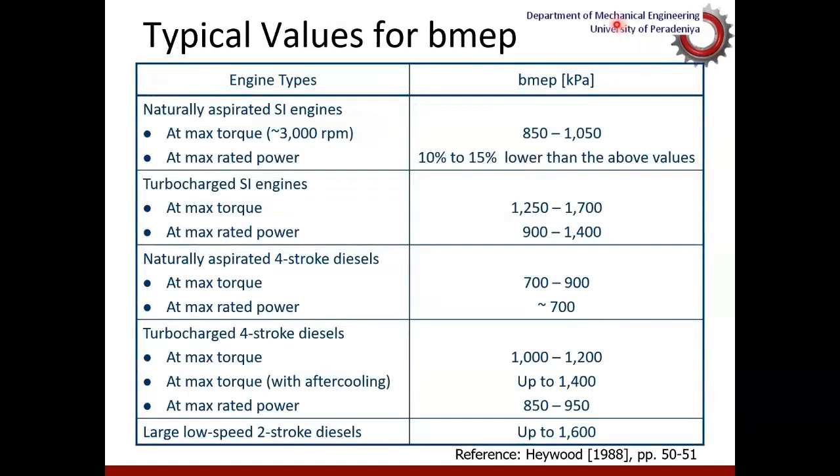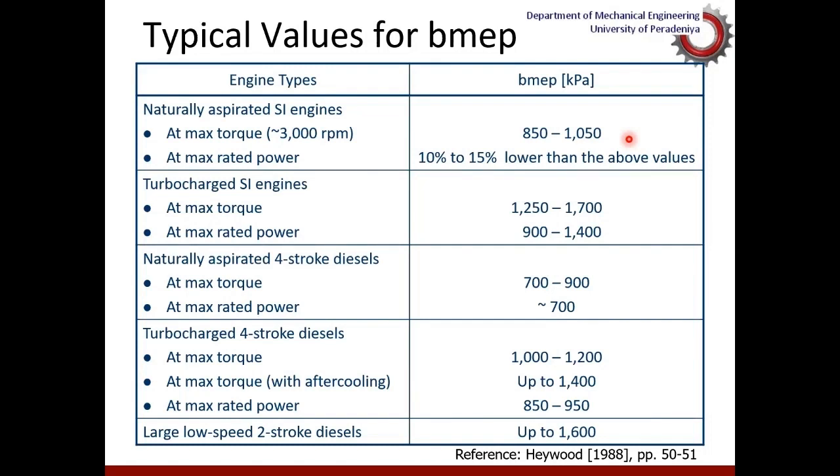This table gives us an indication about the real values of brake mean effective pressures in kilopascals. Now, if you look at a naturally aspirated spark ignition engine at maximum torque, where the speed is around 3000 RPM, the brake mean effective pressure is in the range of 850 to 1050 kilopascals. And at the maximum rated power, it can be 10 to 15% lower than that.